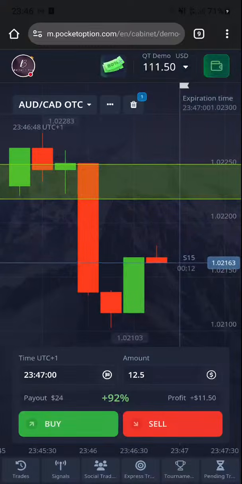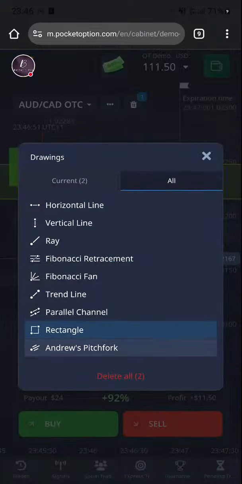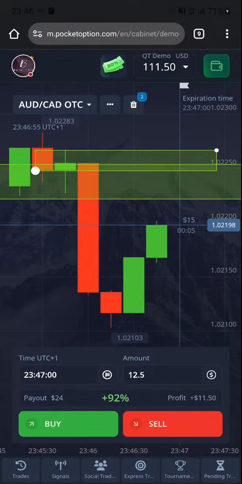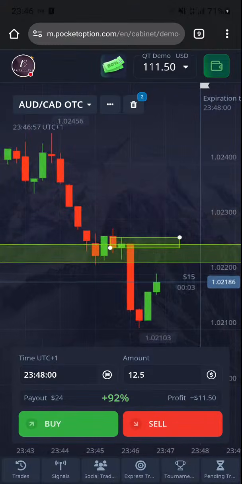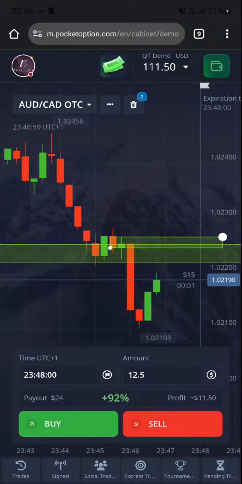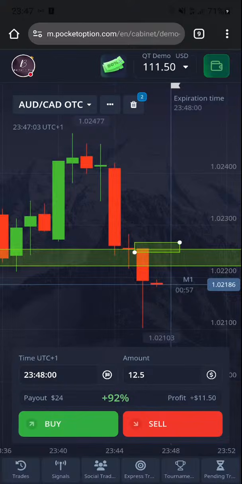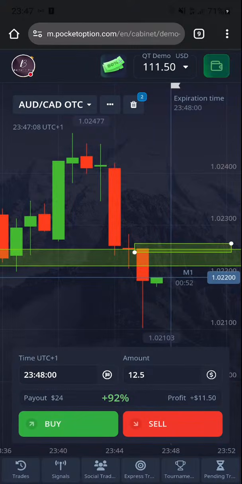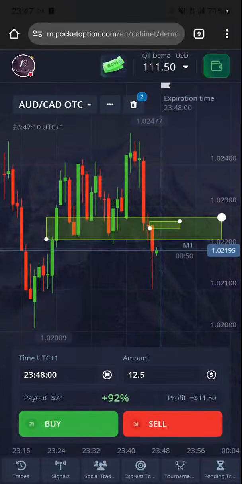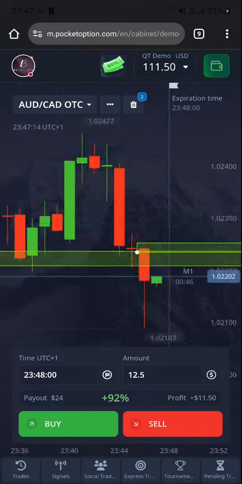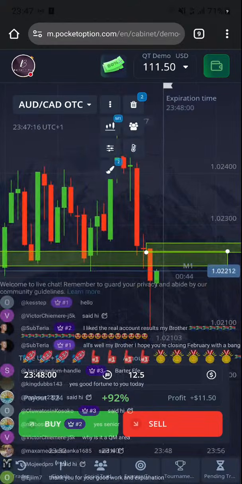I found it. There's every tendency that the sellers may want to come back here. So we have to be ready. If they come back here, we'll go with the sellers.